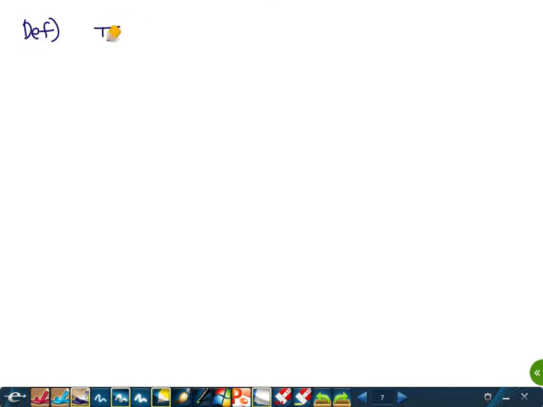So let's say capital pi is a representation of G. We will sometimes write it like this, acting on V. This means pi is a group homomorphism from G to GLV, so we can understand this as a group action on V.